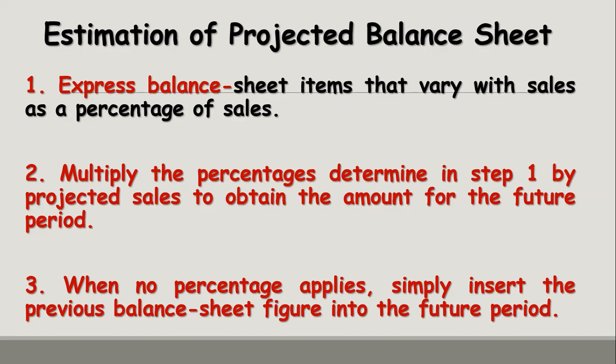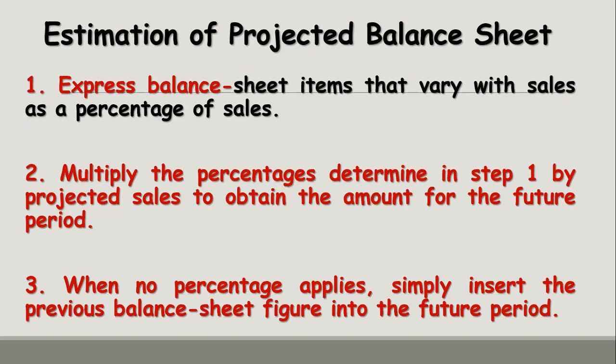Now it is very important. There are some variables having a direct relation with the balance sheet variables, so they will vary directly with the change in sales. On the other side, multiply the percentage determined in step 1 by projected sales to obtain the amount for the future period.